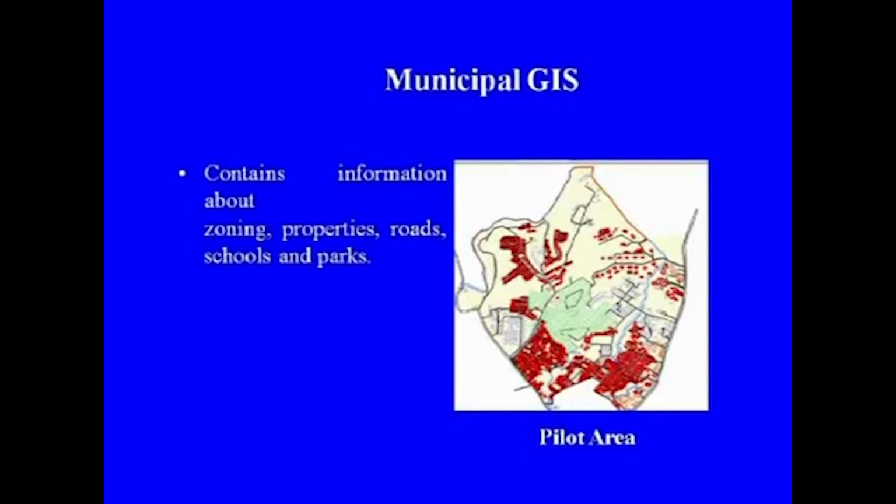Municipal GIS deals with various activities related to a city area for identifying properties and its taxation and infrastructure, etc. Municipal GIS contains information about zoning, properties, roads, schools and parks. The adjoining figure shows a typical GIS which may be created for a particular city or maybe a part of the city.